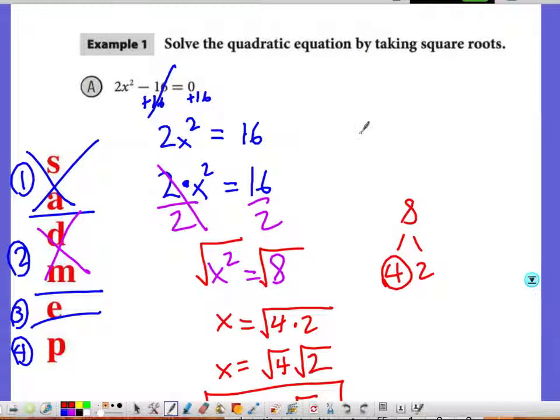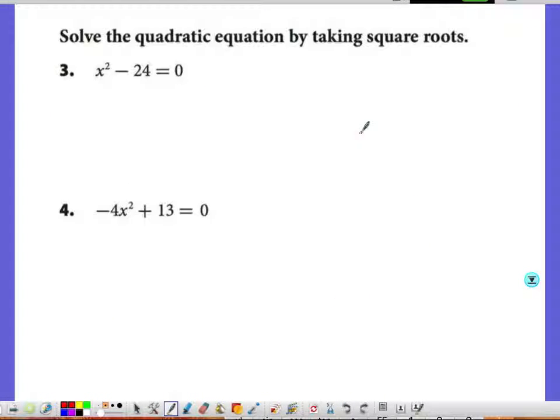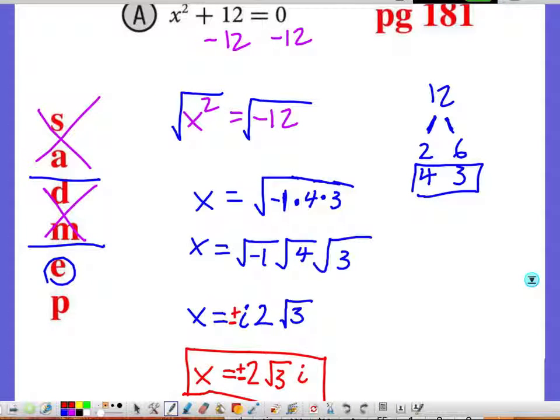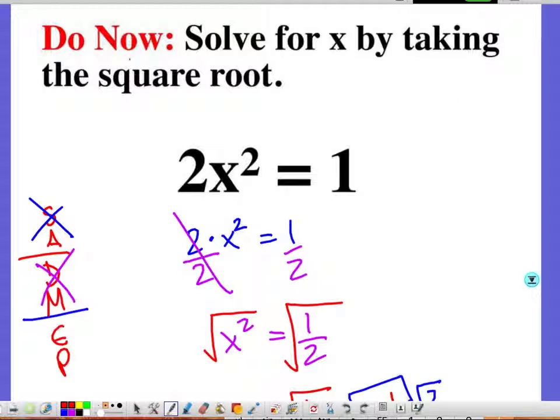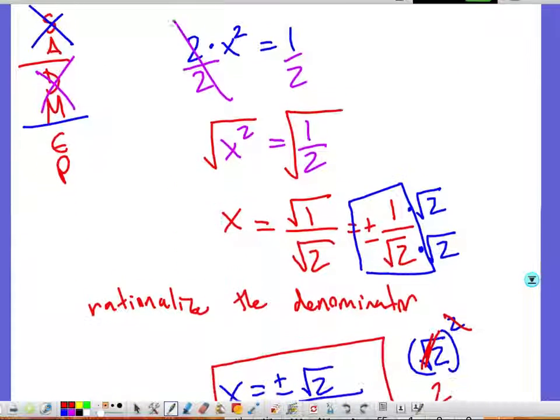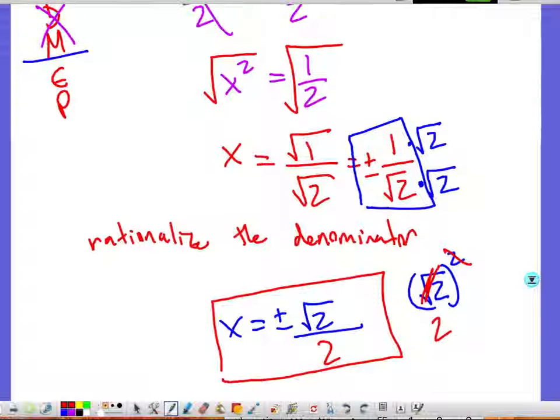Now, when you're solving an equation by taking the square root, if you have a square root in the denominator, you have to rationalize the denominator just by multiplying by whatever square root you have in the denominator.